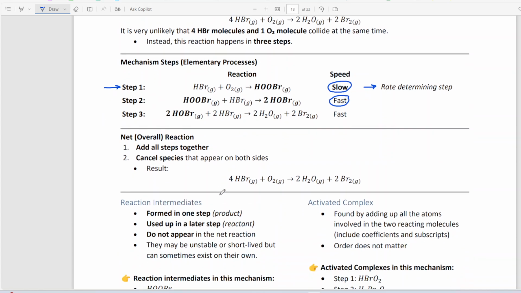So for example, you've got HBr plus HBr plus two HBrs forms those four HBrs, or hydrogen bromides, that we knew were part of our reactants. And then we've got the one oxygen. So we've got the 1, 2, 3, 4 hydrogen bromide gases combining with the one oxygen to produce two waters and two of these bromine gases.